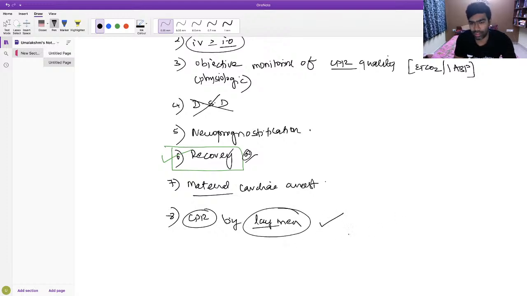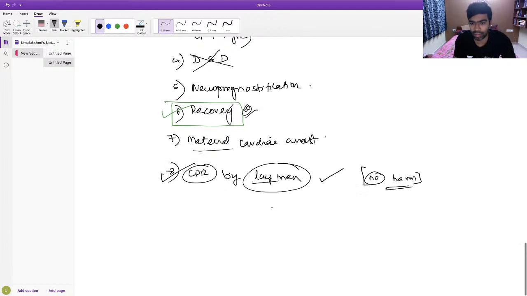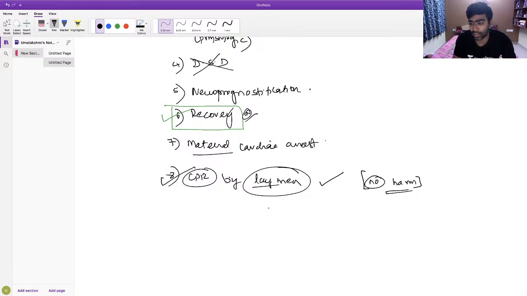Previously it was thought that CPR by a layman causes more harm than benefit, but there is no harm compared to the actual outcome of cardiac arrest. If you don't do CPR, it's very clear that even if CPR is done by a layman without proper knowledge, even if they do some amount of CPR, it's invariably going to be beneficial. So clearly this is not that important for the exam. This is something that has been emphasized in reality.